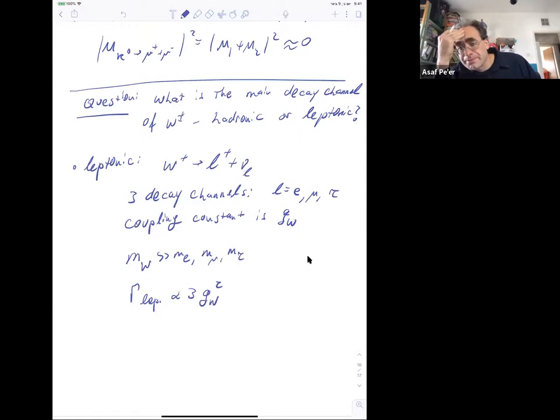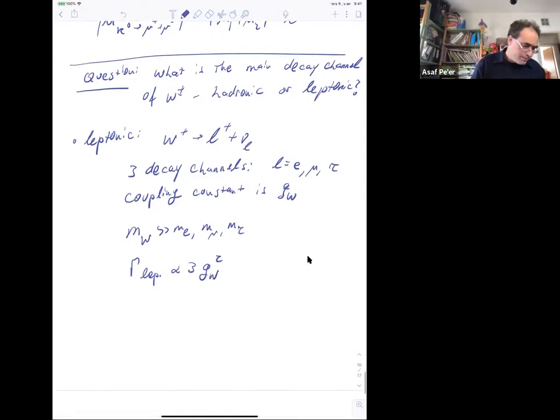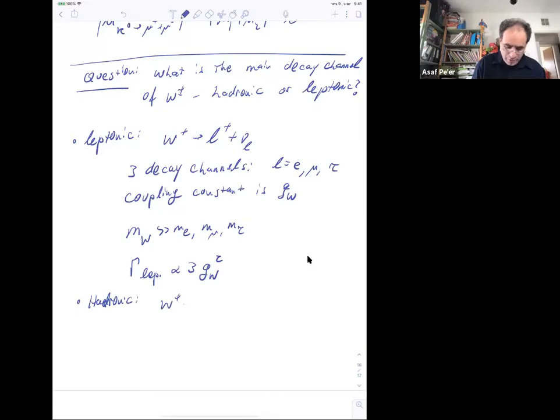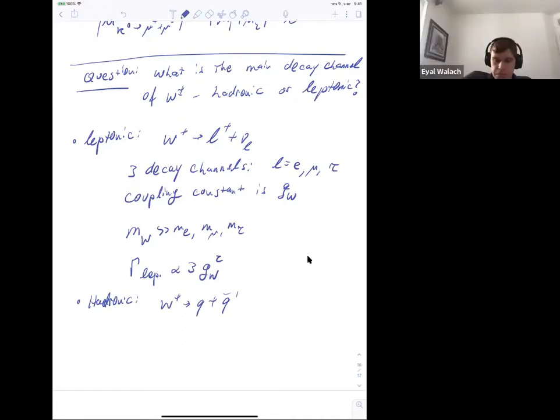That's easy. Now let's look at the hadronic. W plus would go into a quark plus some sort of an anti-quark. Now naively, how many options do we have here? 9, right?